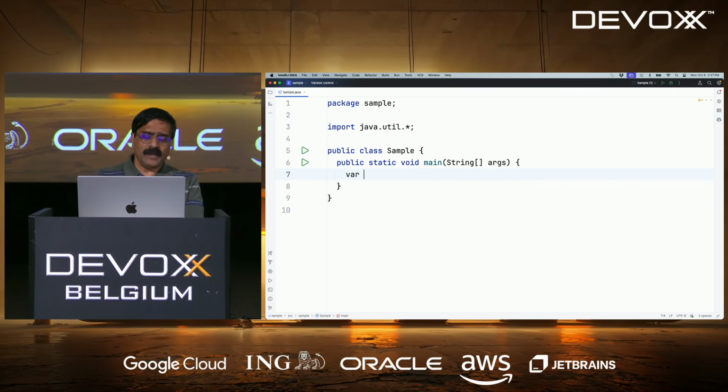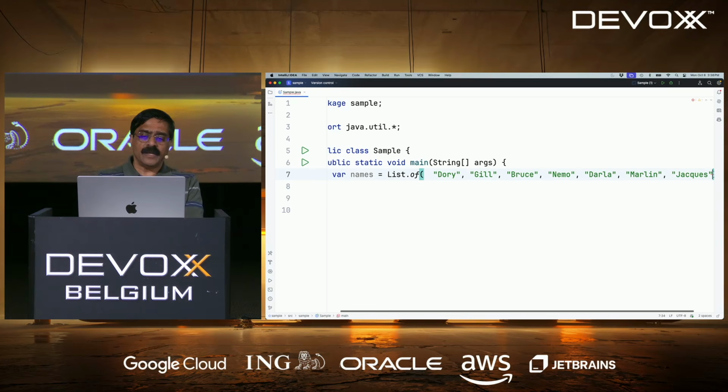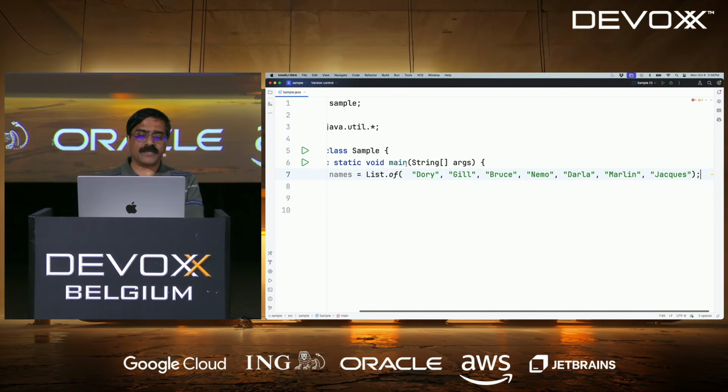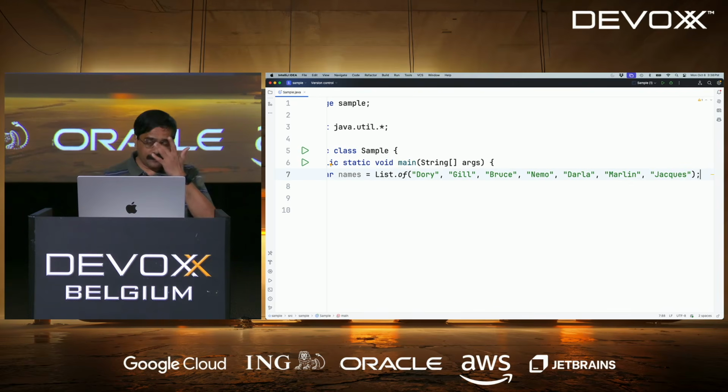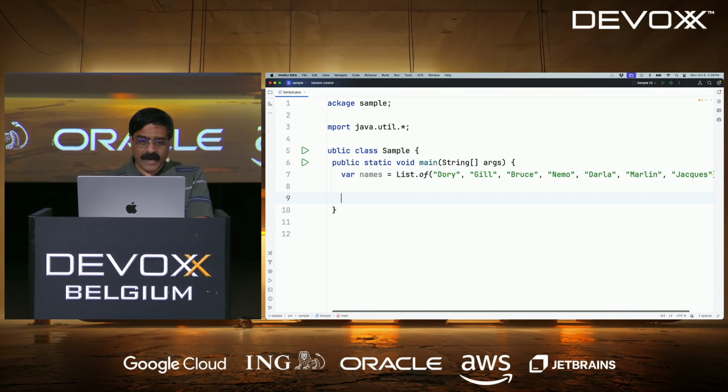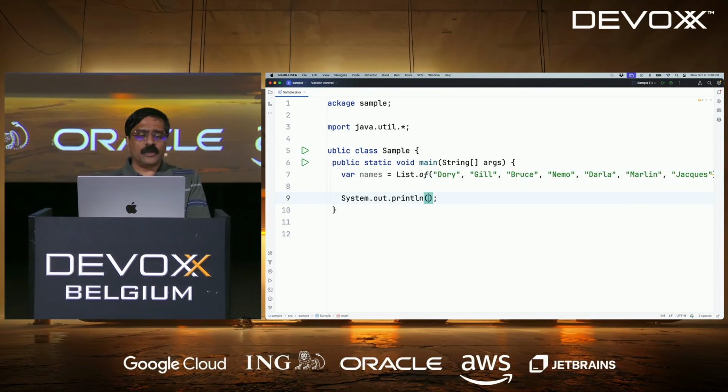Actually, let's do names is equal to list of, let's go ahead and say some names I want to write over here. So there's a bunch of names, but I want to print these names, but I want to print them with, let's say, the index. So let's do two parts here just to feel how this looks.